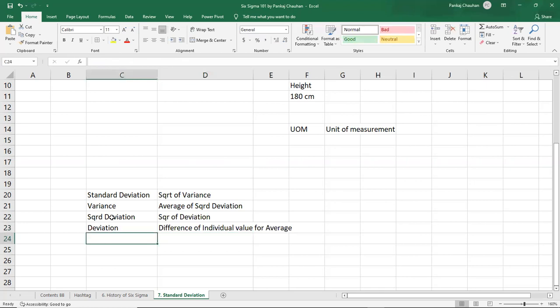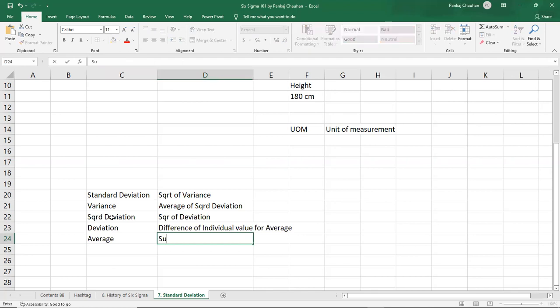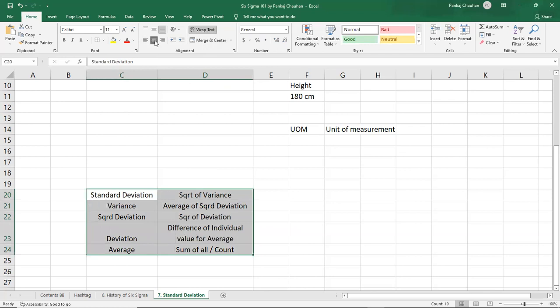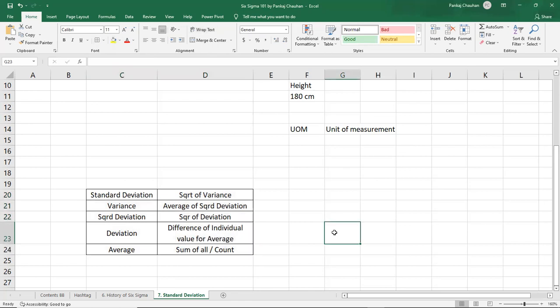And you already know what the average is. Average means you take the sum of all values and divide it by the count of all values, and then you get the average. This is the way we manually calculate the standard deviation, or these are the steps to find out how much is the variation in your process in the form of standard deviation.